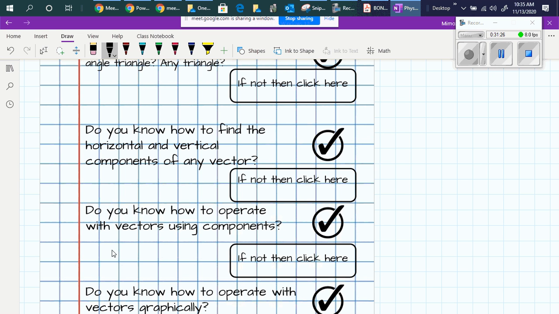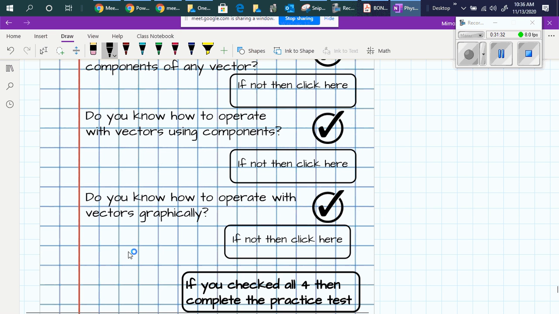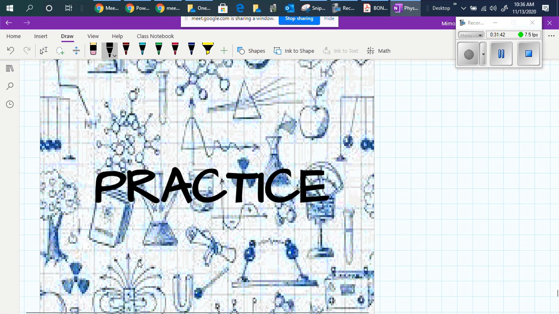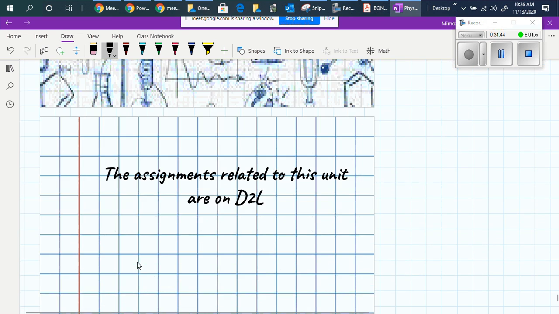Then you should know how to operate with vectors using components, building the table of components, and how to operate with vectors graphically. If you know all those things, then you can go to the practice test, which I will open on D12. Okay, do you have any questions?